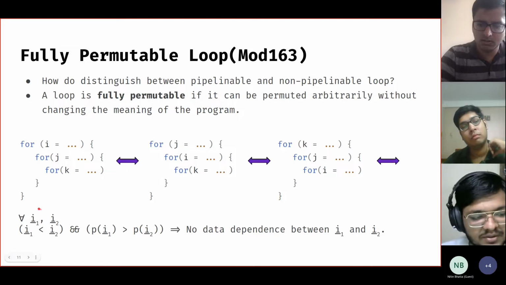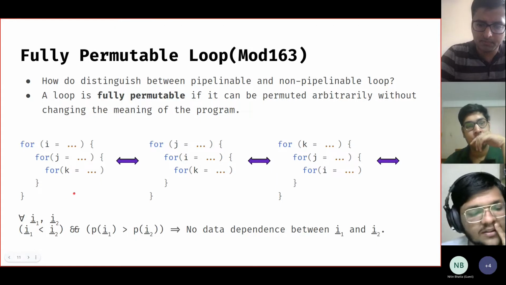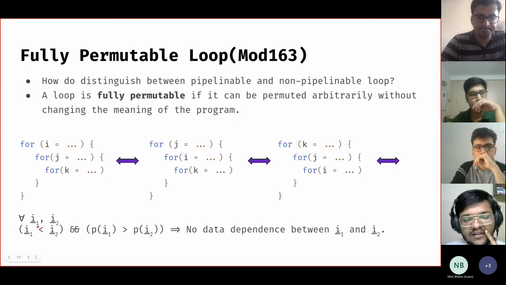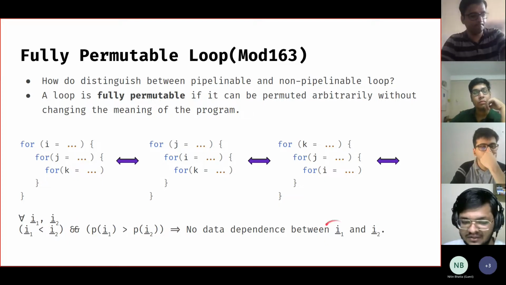Mathematically speaking, if there are two iteration points I1 and I2, where I1 is equal to (i, j, k), and iteration point 2 executes after iteration point 1, and after permuting, I1 executes after I2, then we want there to be no dependency between I1 and I2.